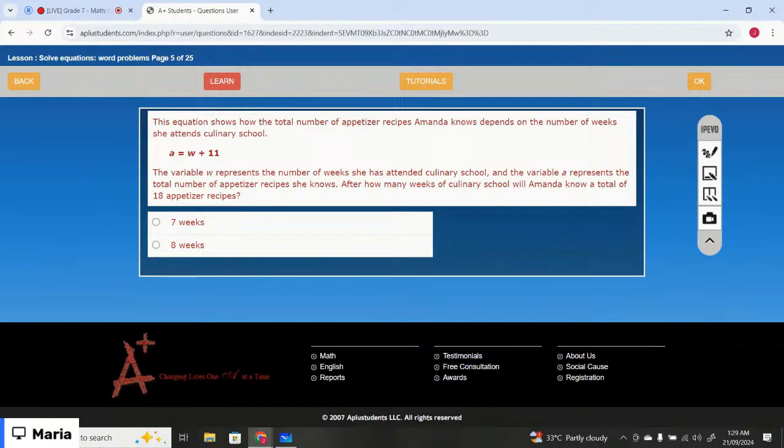You are given A equals 18. You need to calculate the value of W. So which is the correct option?